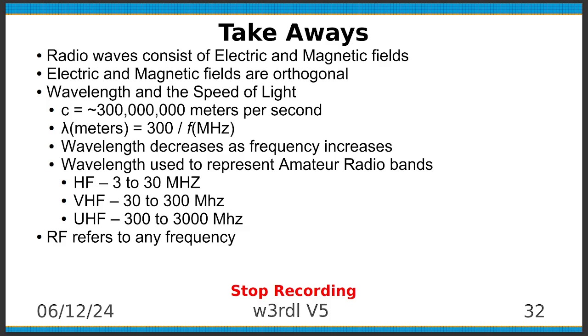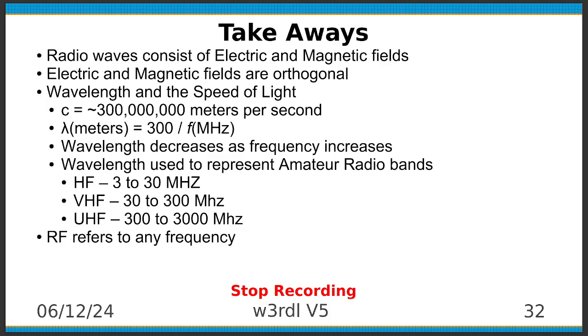Wavelength and speed of light. You want to remember this. If you remember the formula in one way, and you're handy with algebra, then you can come up with everything else, because you just apply the rules of algebra to put it in a different format so you can solve for a different variable.